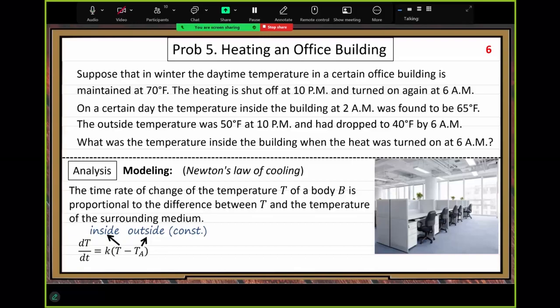So we cannot use 50 because 50 is not good enough, and we cannot use 40, which also is not good enough. So what do you think? Which number should we use? Not 50, not 40.